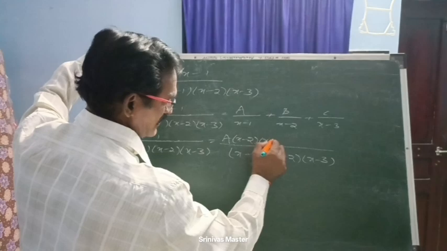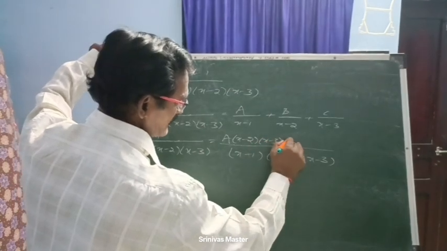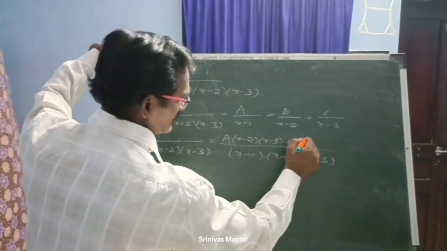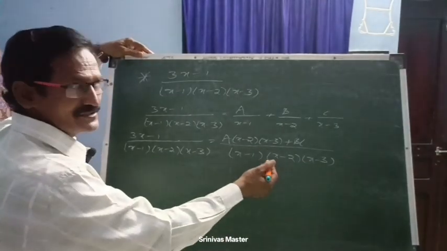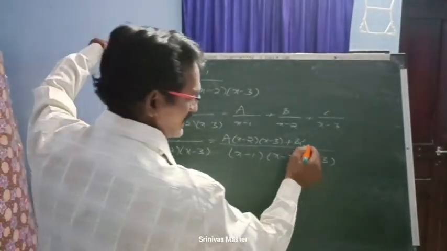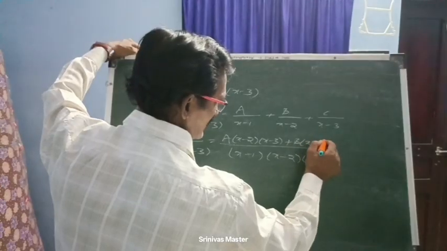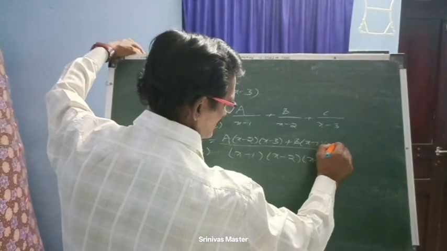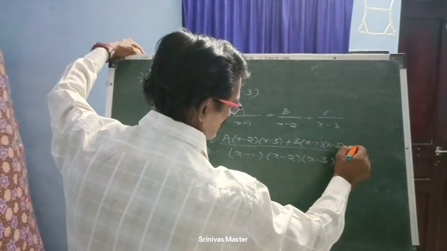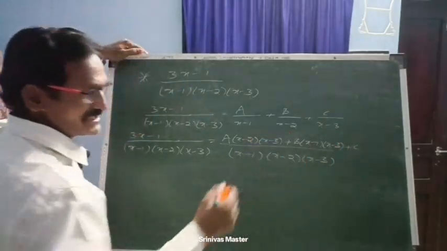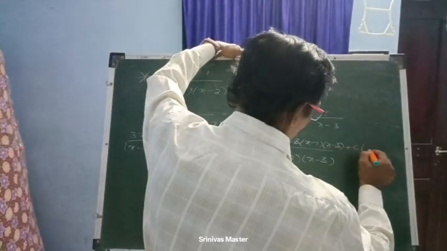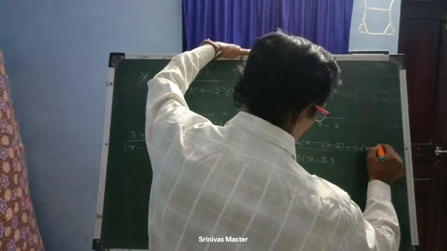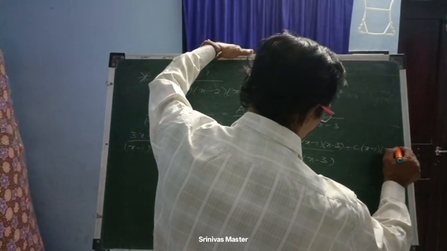X minus 2 into x minus 3, plus B into, x minus 2 is there, x minus 2 will be cancelled. This process you know anyway. X minus 1 into x minus 3, plus C into, x minus 3 will be cancelled. The remaining are x minus 1, x minus 2: C into x minus 1 into x minus 2.